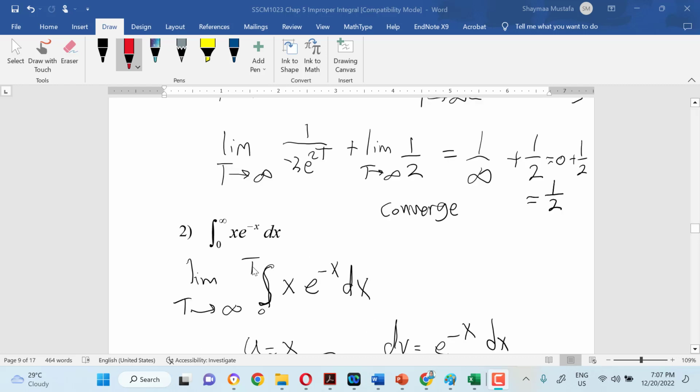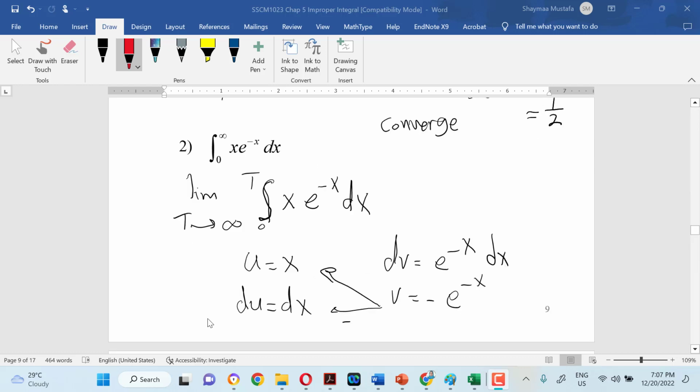I will evaluate this integral by substituting from 0 to t, and then I will take the limit. First, how can I evaluate this integral? I will use the integration by parts technique. I have a multiplication of two functions, one function for derivative, one function for integration. So for derivative, u is equal to x.